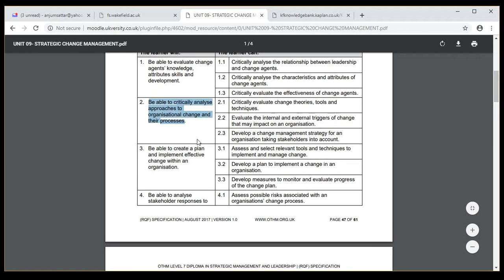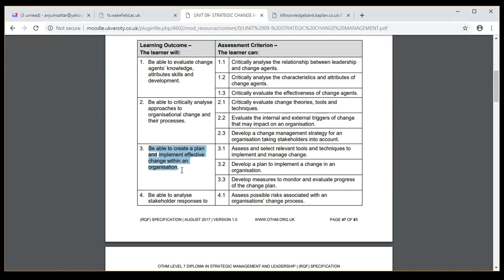Next, be able to create a plan and implement effective change within our organization. So you need to create a plan for how you implement it effectively. Sometimes we want change, but we can't implement it because there are a lot of forces against our change.